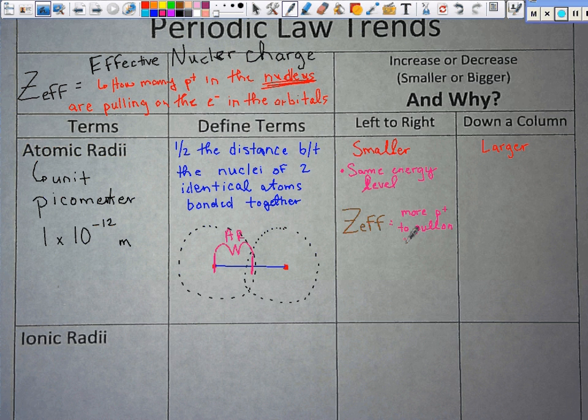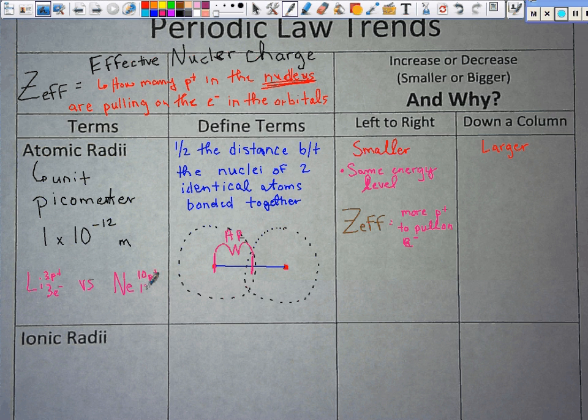Lithium is 2s1, and it has 3 protons, and it has 3 electrons, versus in the exact same period, neon. And neon is going to have 10 protons, and it's going to have 10 electrons. But remember, it has the exact same number of rings. It has 2 rings.